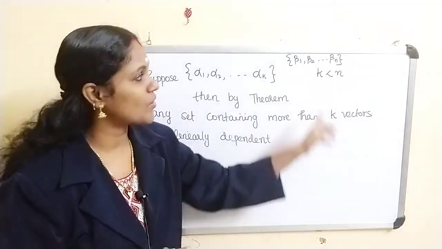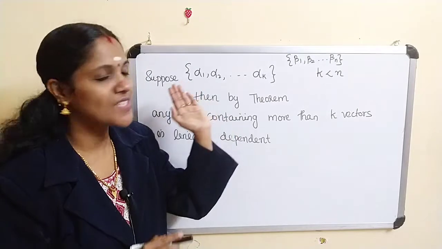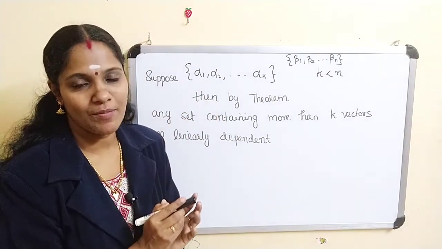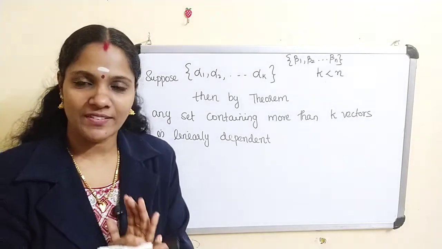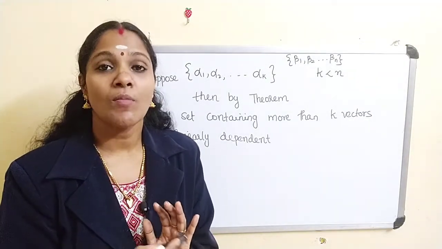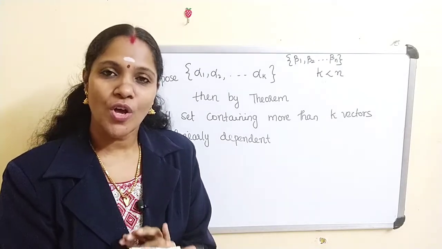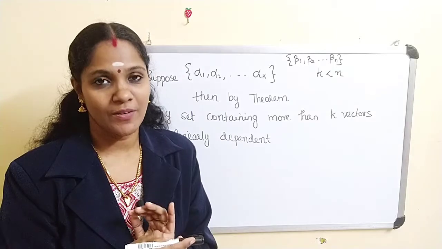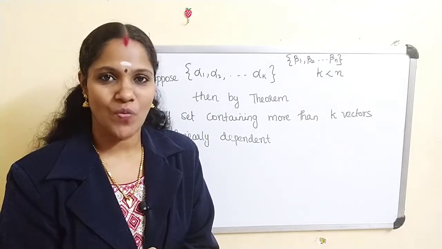That is a contradiction because we assumed this is a basis for V. Therefore, no set which contains fewer than n elements can span V. So if the dimension of V equals n, then any set containing more than n vectors must be linearly dependent, and no set containing fewer than n elements can span V.